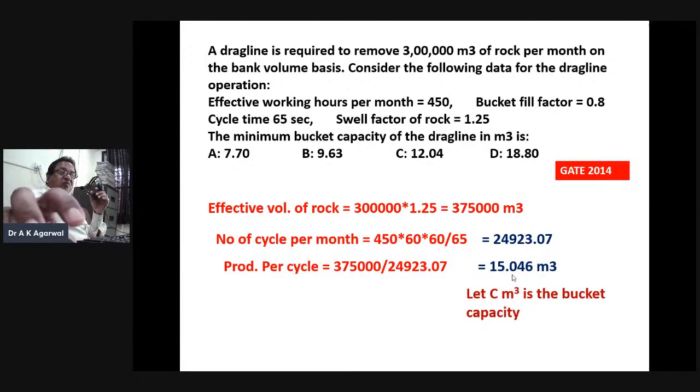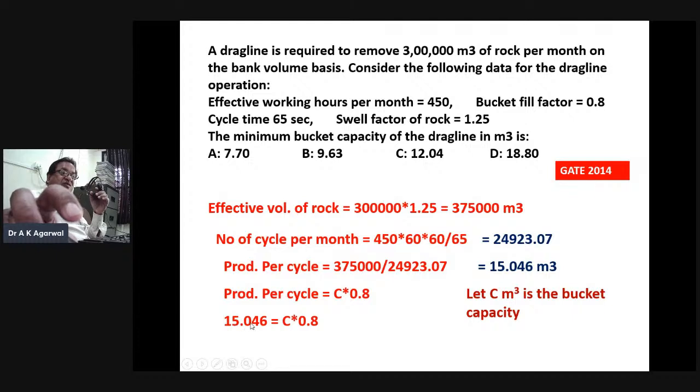Let C meter cube be the bucket capacity, because we have to calculate the bucket capacity of the dragline. So production per cycle will be C into 0.8, because bucket fill factor is 0.8. Only 80% will be filled. This is the production per cycle.